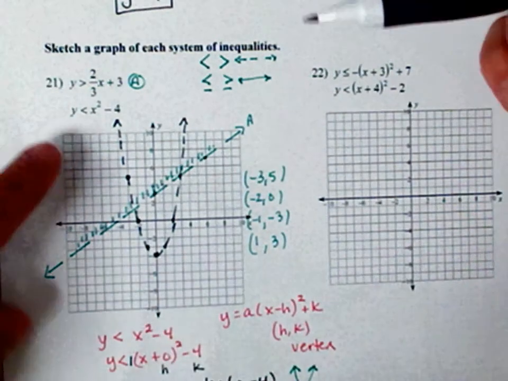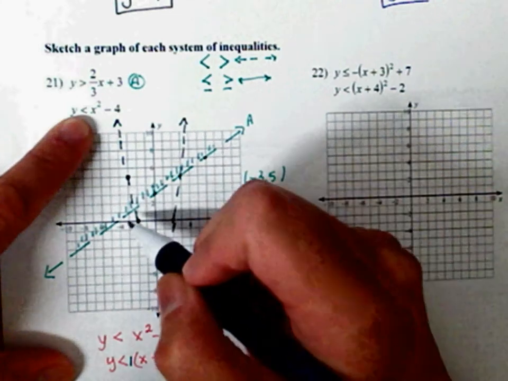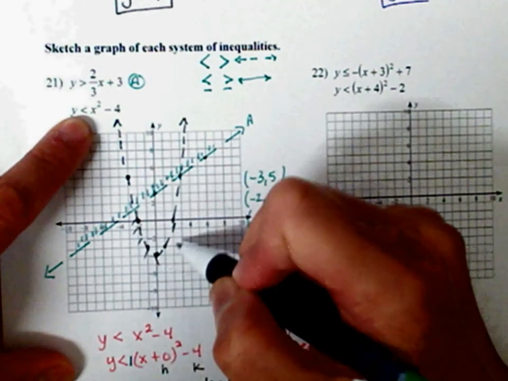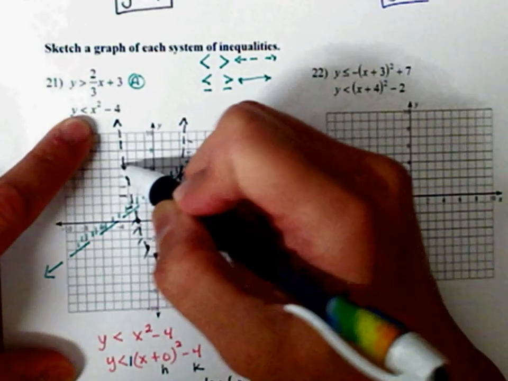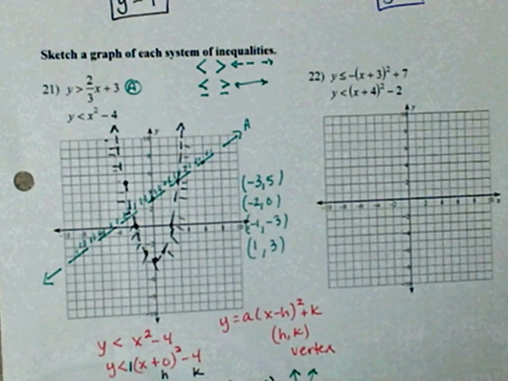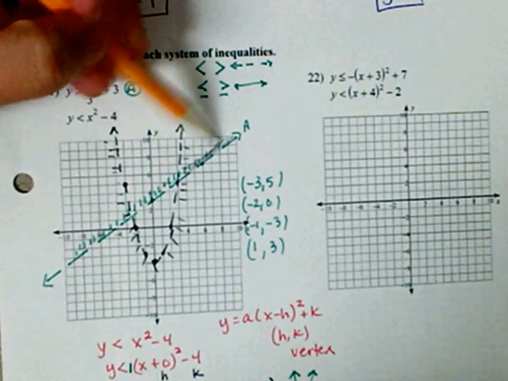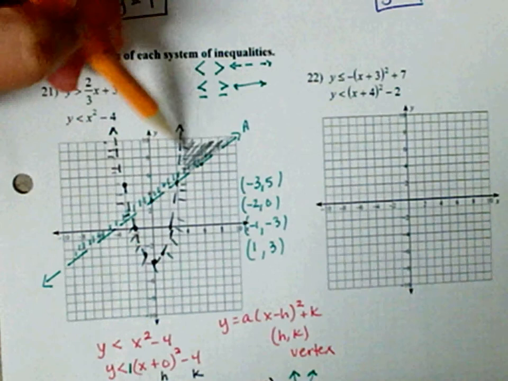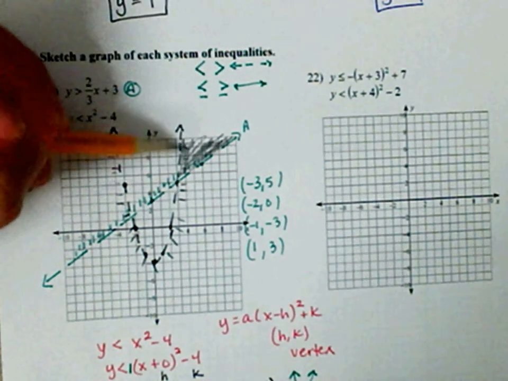Let's read. y is less than. Go to your vertex. Which way is less than? That's everything outside the dashes. Okay? Now, do you guys see where they are overlapping? The overlapping is taking place right here, so we're going to shade that in, like so. Try to be neat, please.